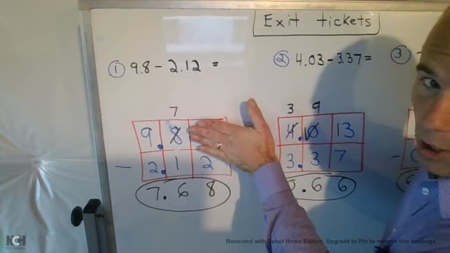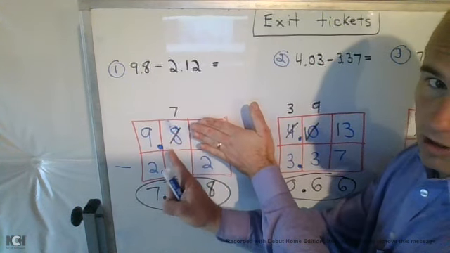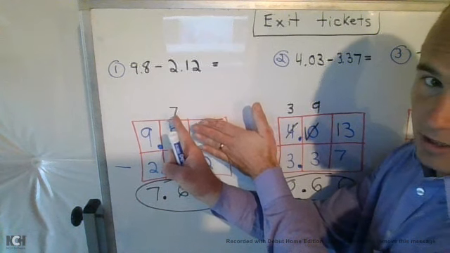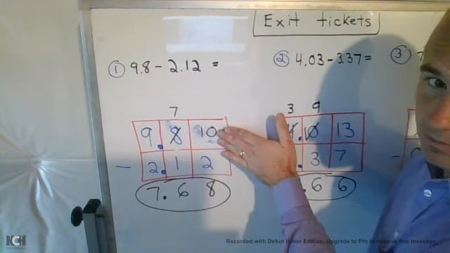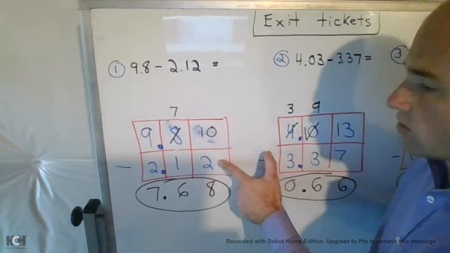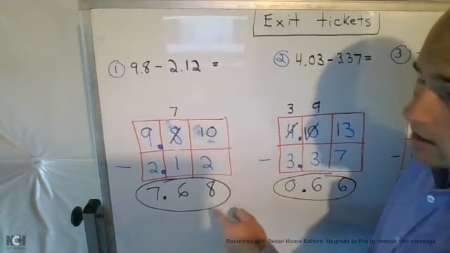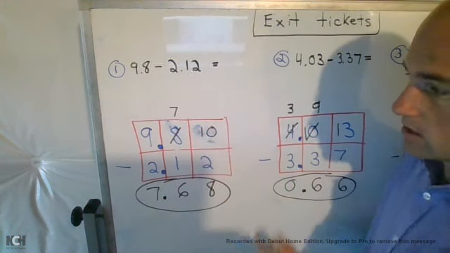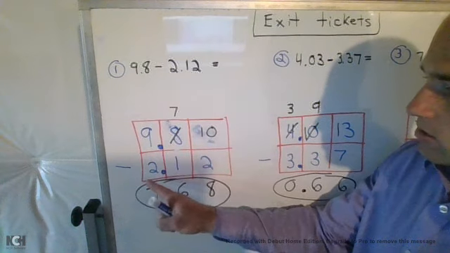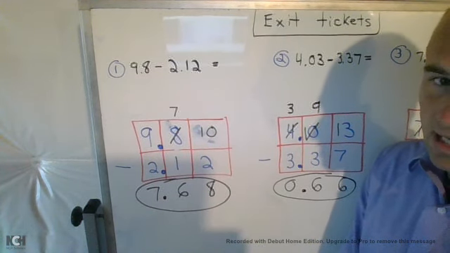So I had to borrow from the tenths place, which is why I crossed off that 8 and left 7 tenths. Well, I brought 10 of them over here. Now I can take 2 away from 10, leaving me 8 hundredths. And then 7 tenths minus 1 tenth gives you 6 tenths. And 9 minus 2 gives you 7, giving you the answer of 7 and 68 hundredths.